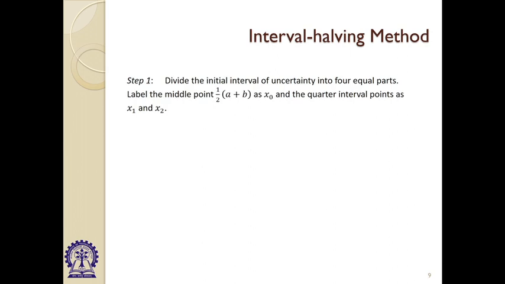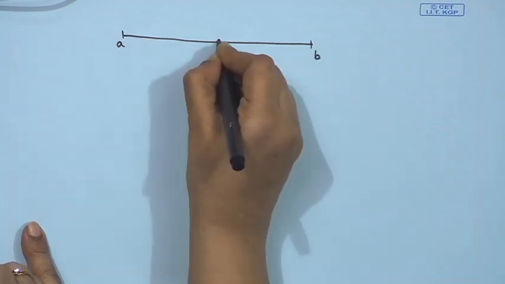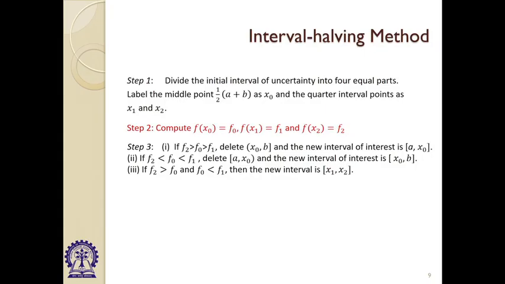That is why 0 is A and 20 is B, and the midpoint we name x0. After that, we will consider the interval points x1 and x2 in such a way that x1 will be in between A and x0 and x2 would be from x0 to B. If I just draw the interval, it will be A, B, x0, x1, x2.